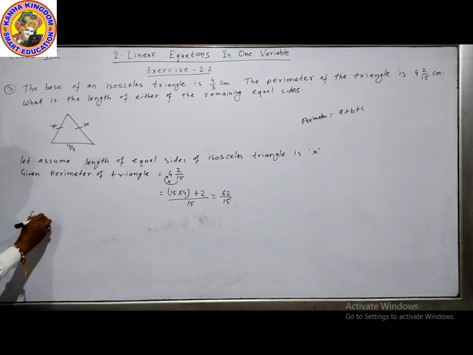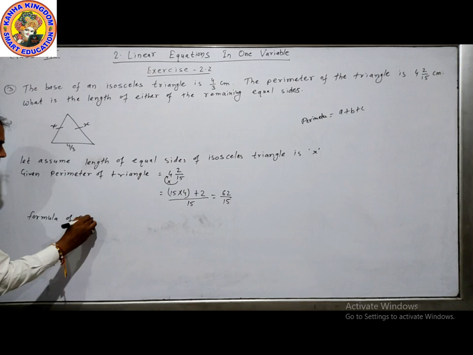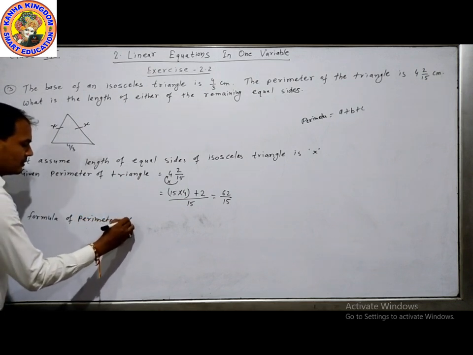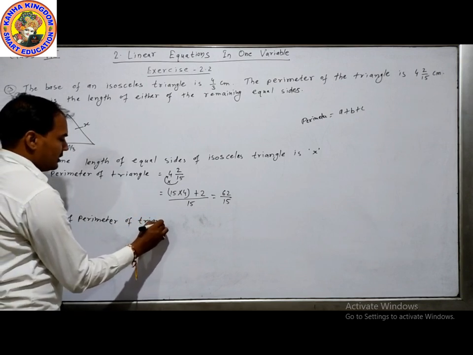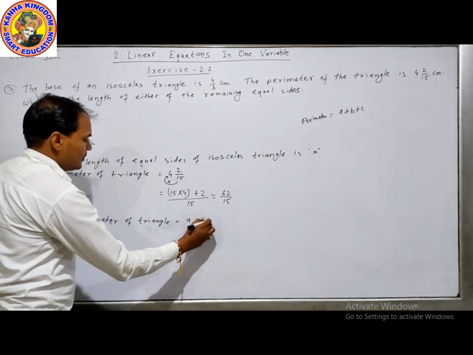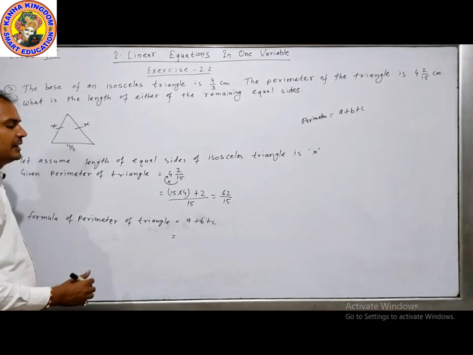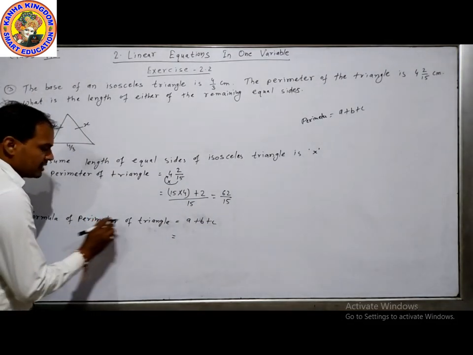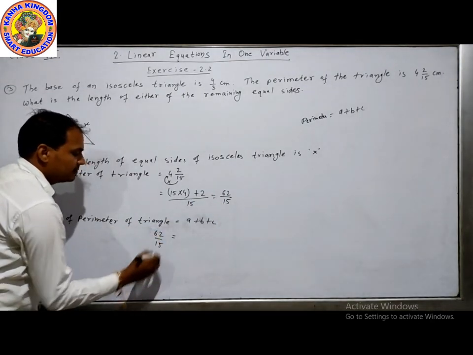Now the formula of perimeter of triangle is equal to A plus B plus C, which means perimeter is addition of three sides. In this question perimeter is 62/15.